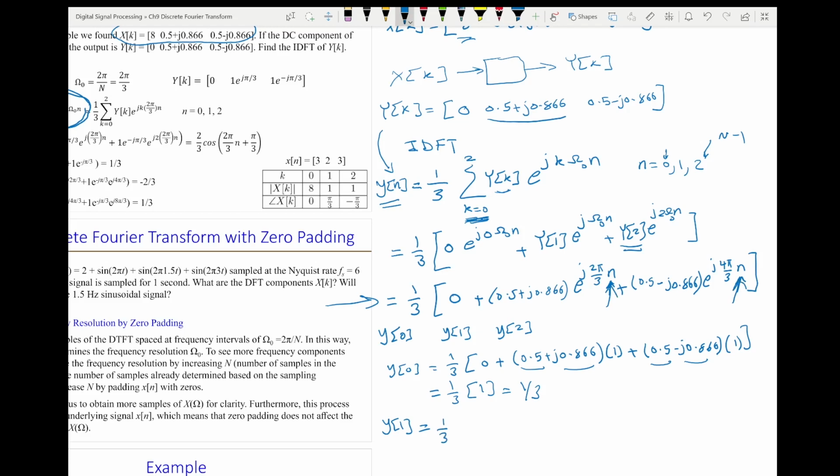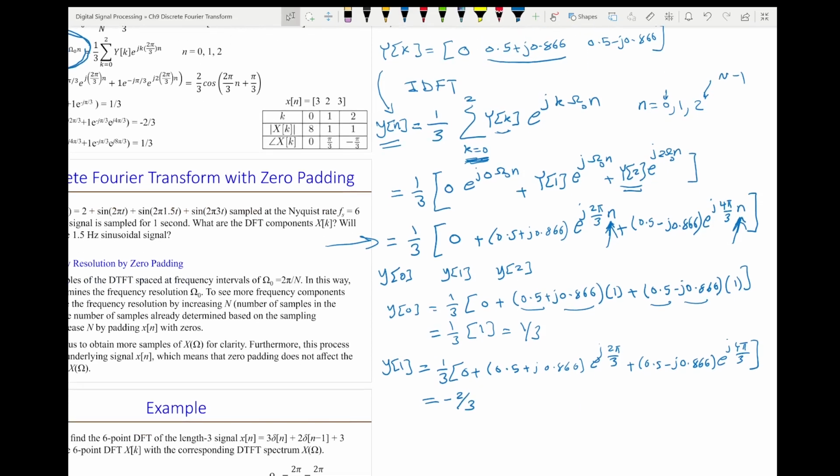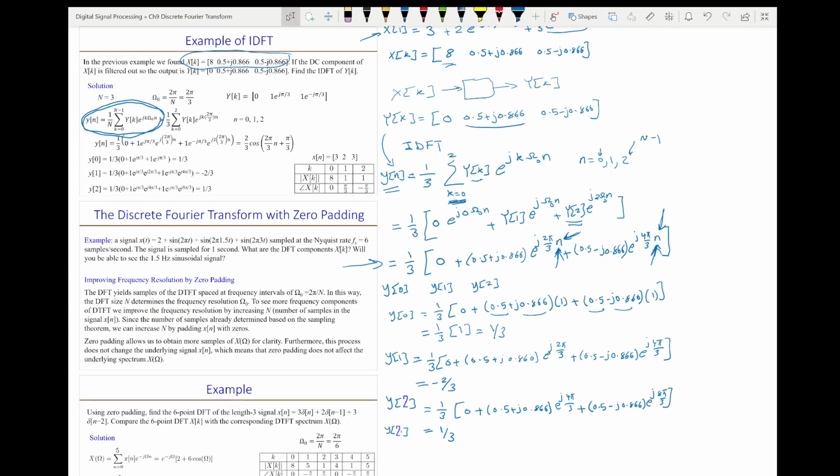So this will be 1/3. If you use your calculator, you will get this to be minus 2 over 3. And the same thing to find y of 2. Just plug in n equals 2 here. And if you use your calculator, you should get 1 over 3. That's the answer we got here.